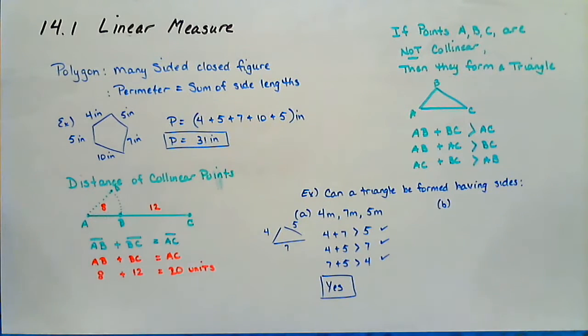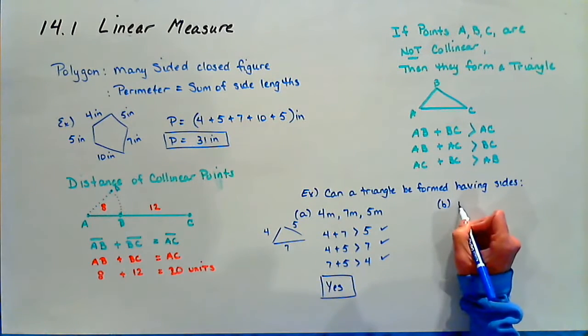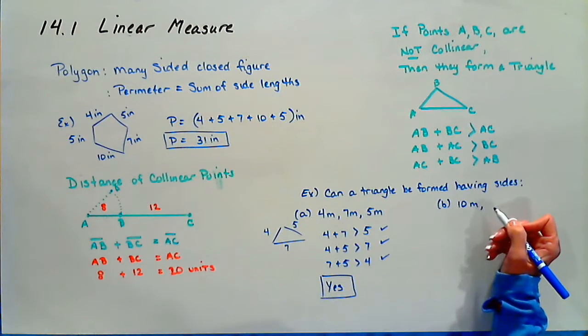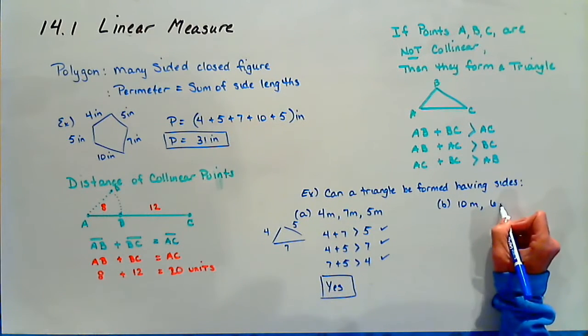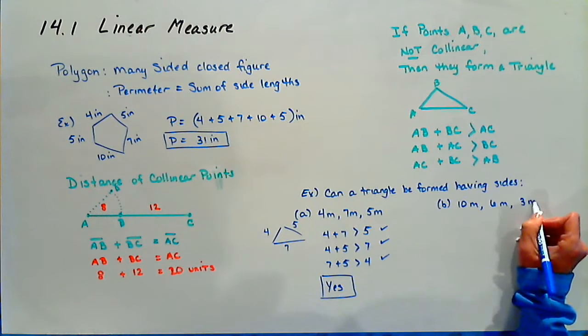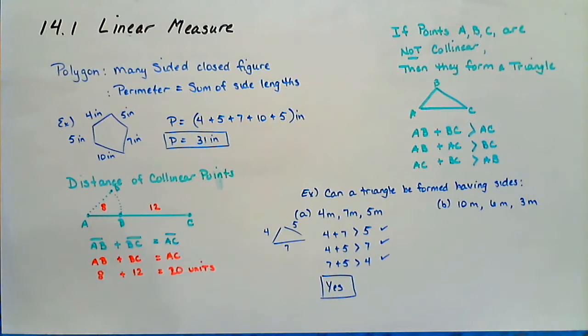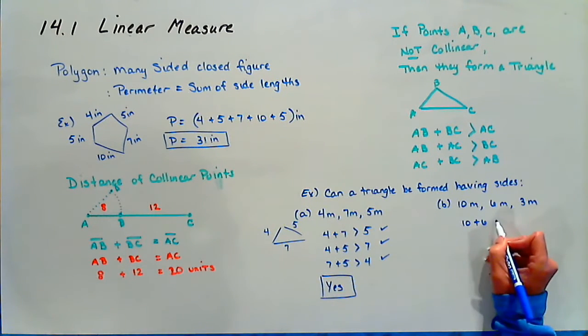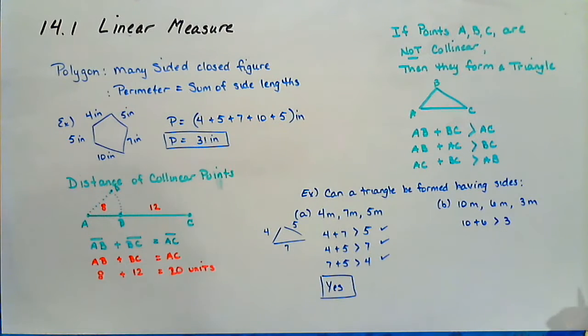So let's try it again. Let's say I give you, how about 10 meters, 6 meters, and 3 meters. We have to check all three scenarios. If I take 10 plus 6, that would be greater than the other side of 3 meters.